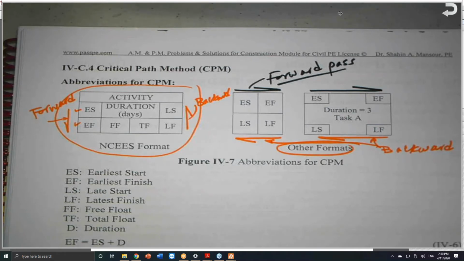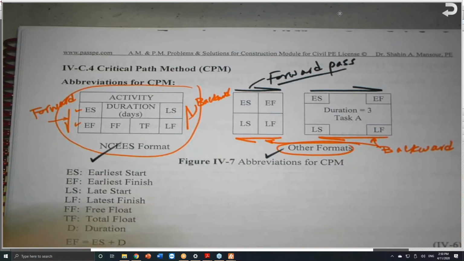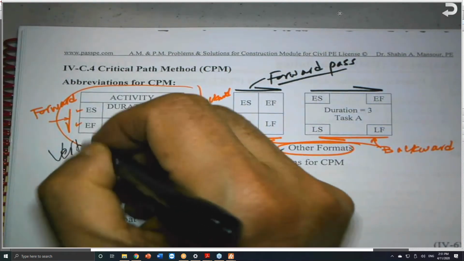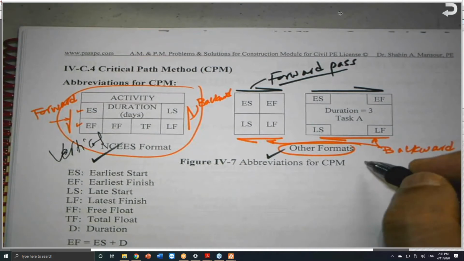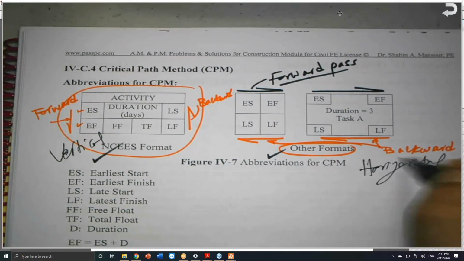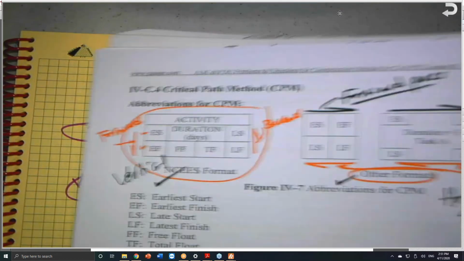So it doesn't matter if you use this or this, as long as we know how to construct the CPM. This is vertical, and this is horizontal. Horizontal is a little bit easier, but vertical is not a big deal.